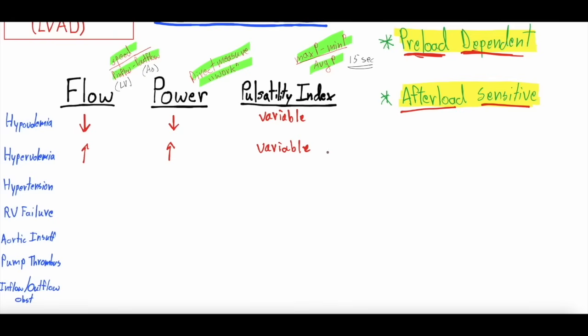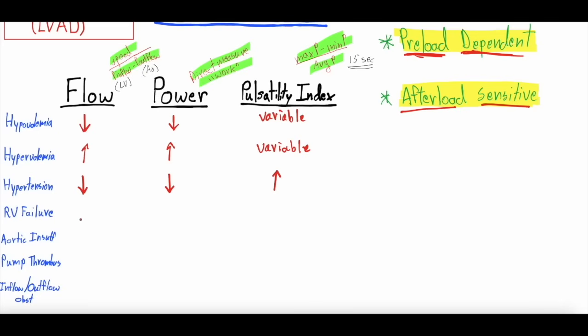And as we could guess, if the afterload is increased and they're afterload sensitive, hypertension is going to decrease flow, and it's going to decrease power. Flow and power follow each other. What about the pulsatility index, though? The pulsatility index is actually going to increase. So there's going to be more variability in the flow beat to beat with a high afterload state.